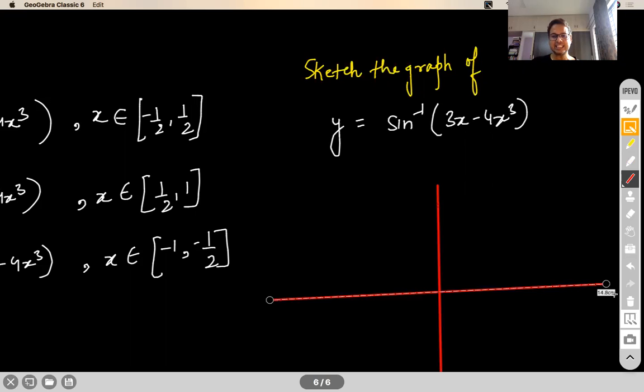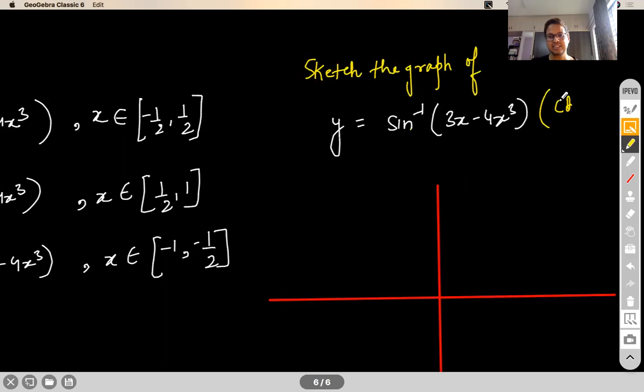Needless to say, again, this is going to be an odd function. So whatever part you are drawing in one of the quadrants, please take a mirror image of that about the origin.